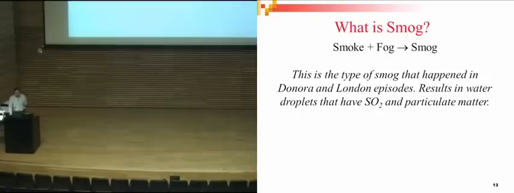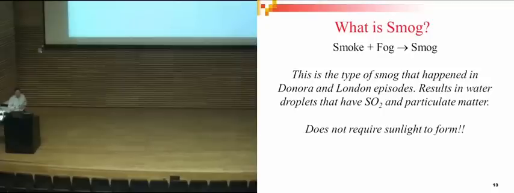So in those cases, you had water droplets that had both sulfur dioxide and particulate matter in them. And that smog, again, was formed primarily from the particulate matter in smoke. And the SO2 that absorbed that, and the particulate matter, causes some serious health effects.